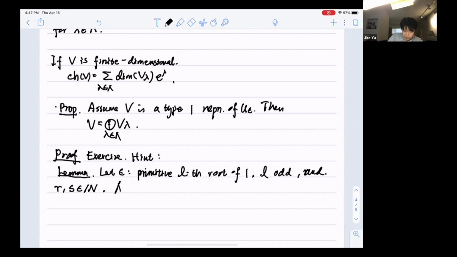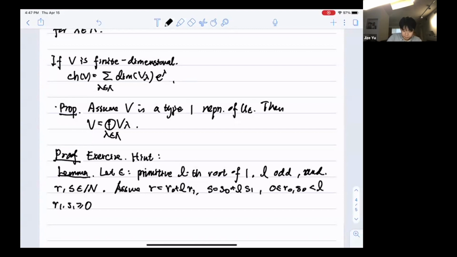We assume that r equals r_0 plus l r_1, and s equals s_0 plus l s_1, where r_0 and s_0 are between 0 and l minus 1, and r_1 and s_1 are greater than or equal to 0.